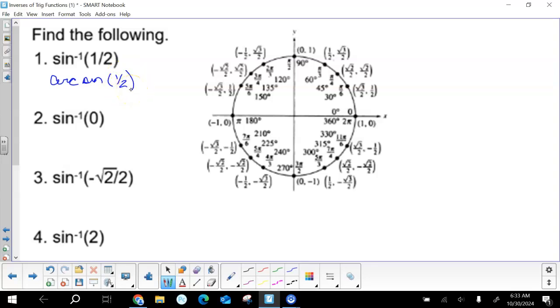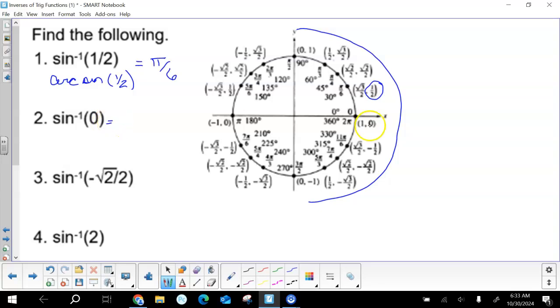Now, I know with sine, it can only live in these two quadrants. So if I am looking for sine of 1/2, sine is y, it's positive right here. So the arc sine of 1/2 is going to be pi sixths. This question is asking, at what angle is sine 1/2?